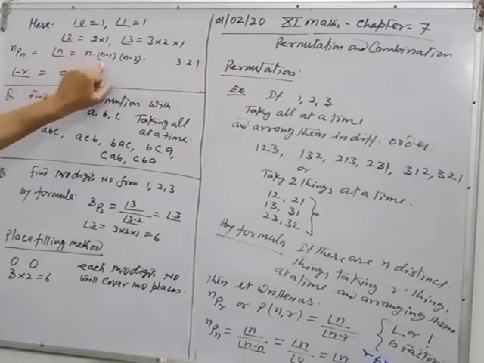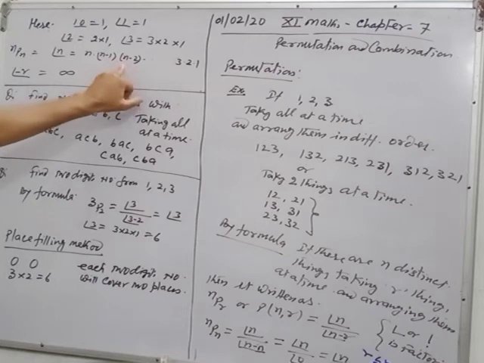For the second place you will have one less thing, means n minus 1 things. So for the second place you have n minus 1 options. Then for the third place you will have one less thing, means n minus 2 options, and so on.